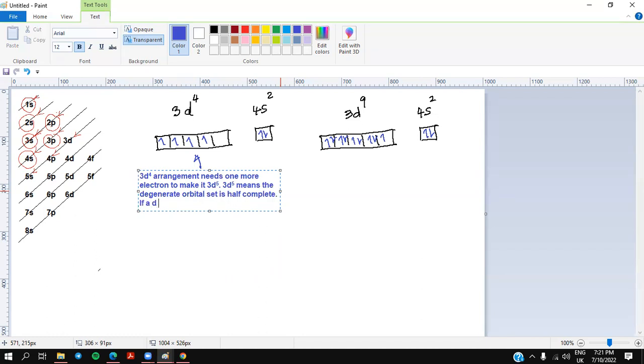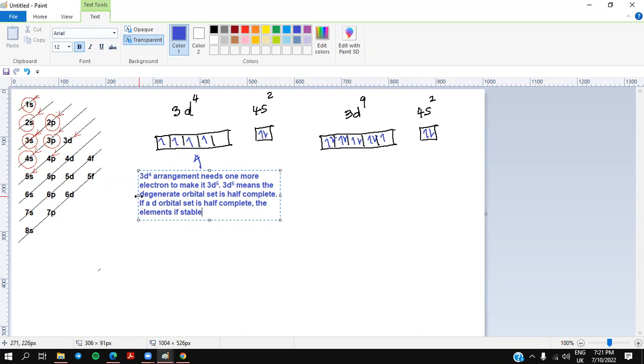If a d orbital set is half complete, the element is stable. Got that idea?